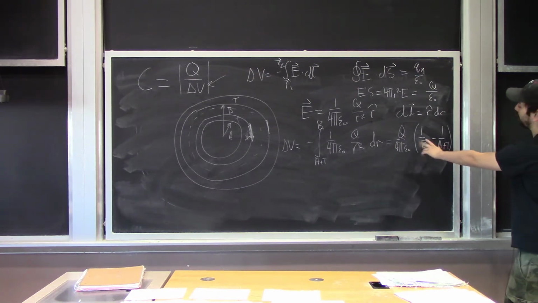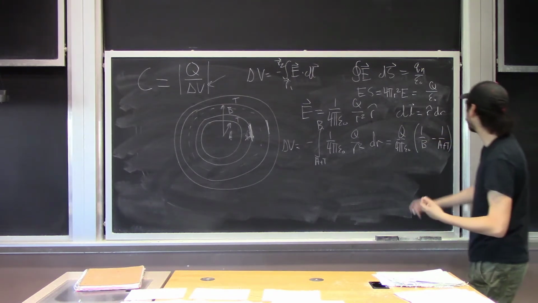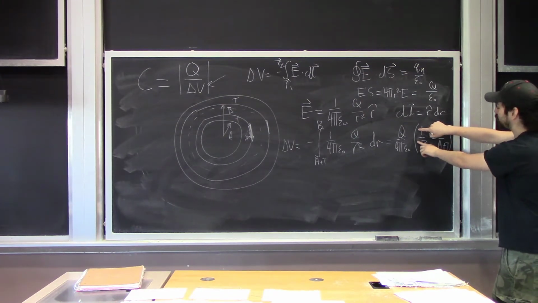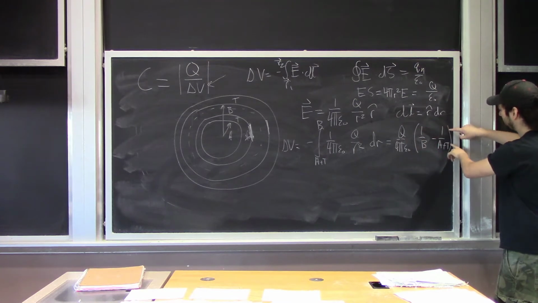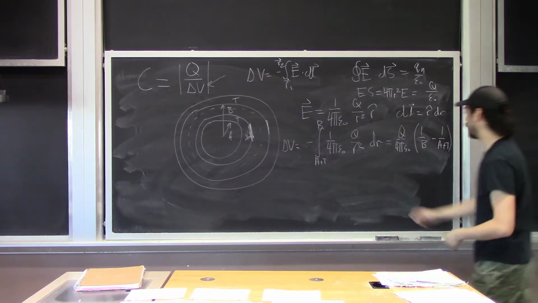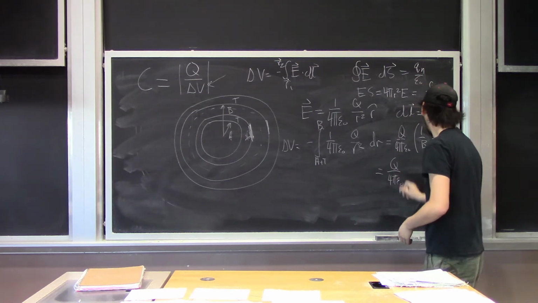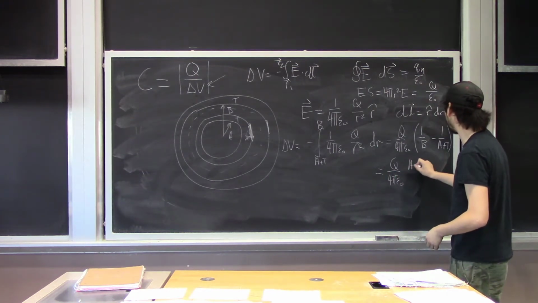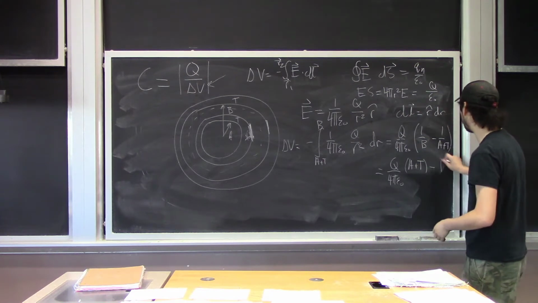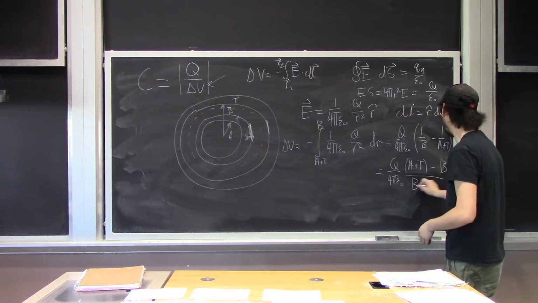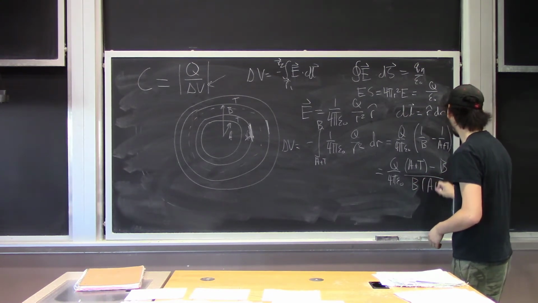So I'm going to find a common denominator here and then rearrange this. I multiply this by A plus T over A plus T, and I multiply this by B over B. And so what we see is this is going to be equal to Q divided by 4 pi epsilon naught, times A plus T minus B, divided by B times A plus T.